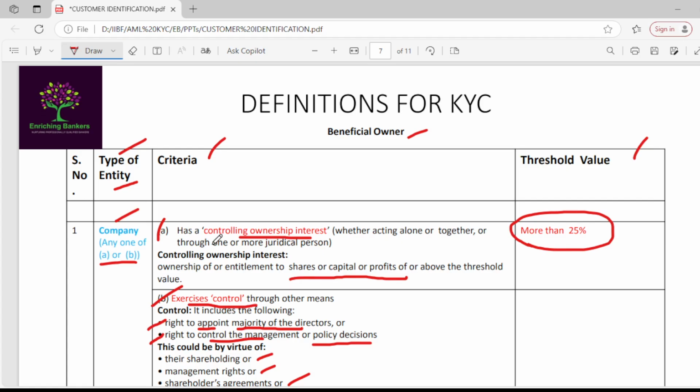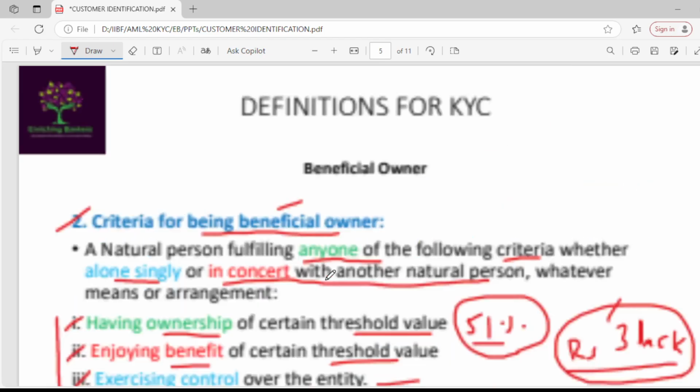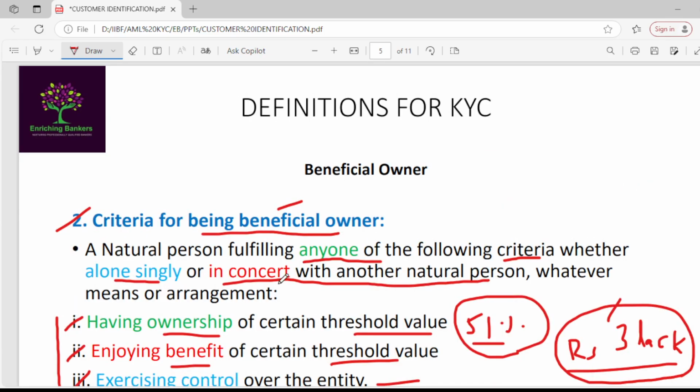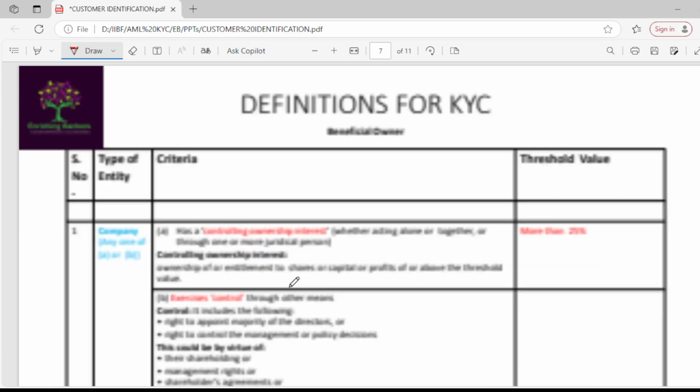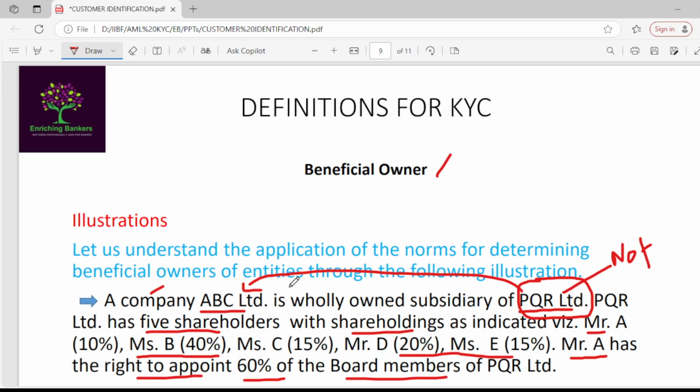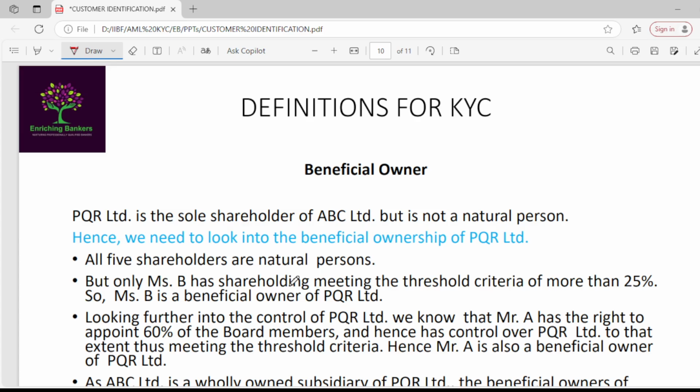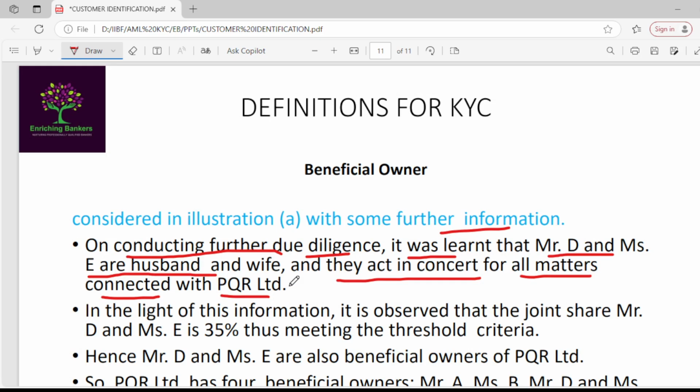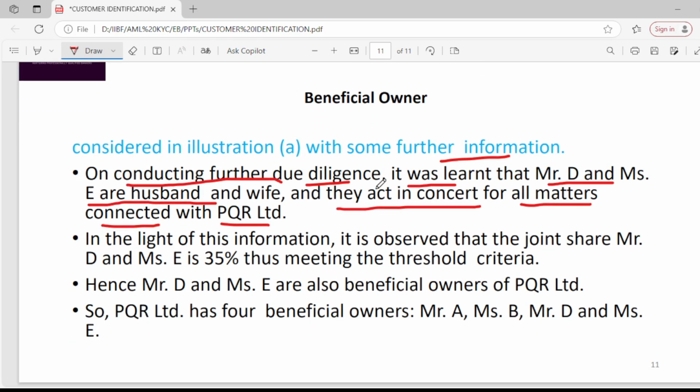So both have more than 25% of ownership interest in terms of shares, and also they are fulfilling the criteria in concert. That's why they both satisfied the criteria for determining beneficial owner. Hence, they both are also determined as beneficial owners.